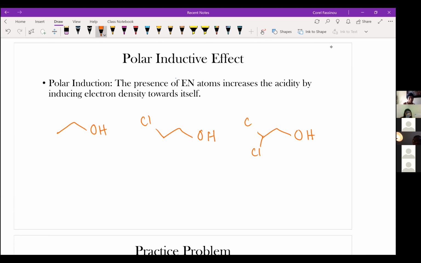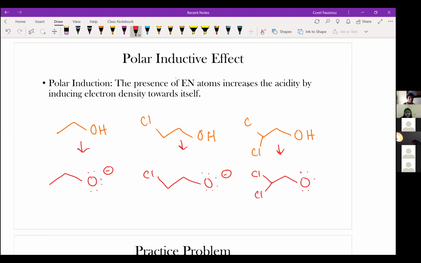Now let's see what happens when we deprotonate it to see which conjugate base is going to be most stable. We're going to get this, we're going to get that, and then we're going to have this.